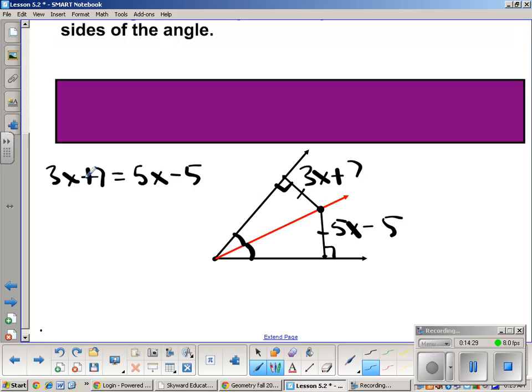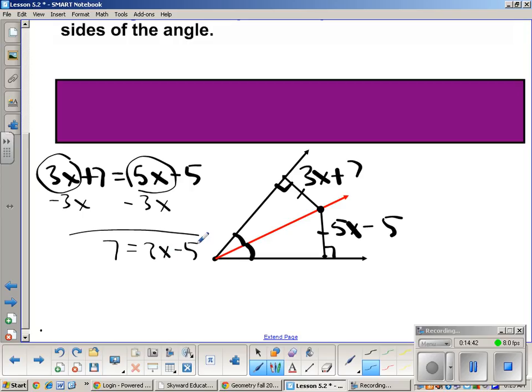Doesn't matter. I usually try to get my x's together first. So I'm going to subtract 3x from both sides. And so I get 7 equals 2x minus 5. And I heard someone say, let's add 5 to both sides. And that would have worked.